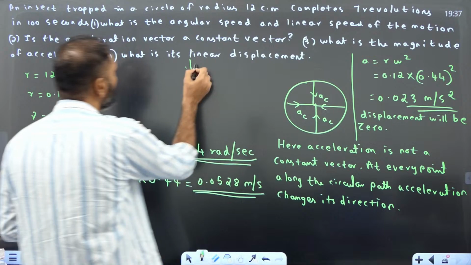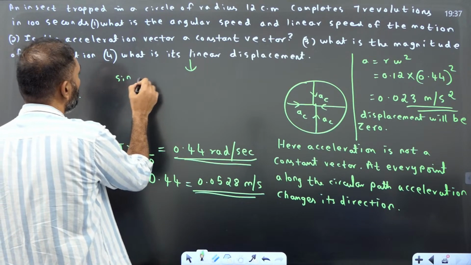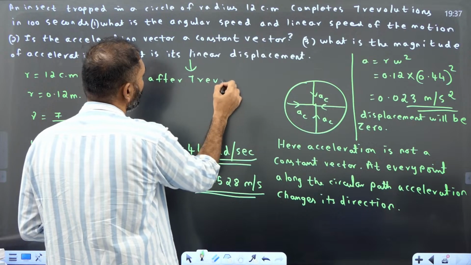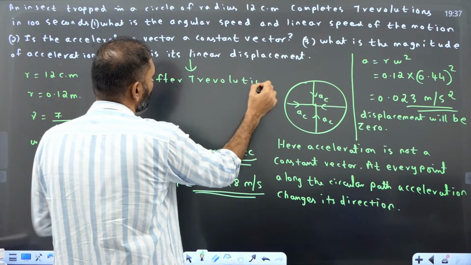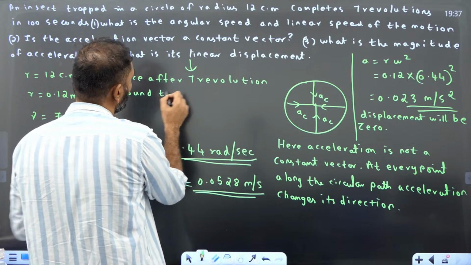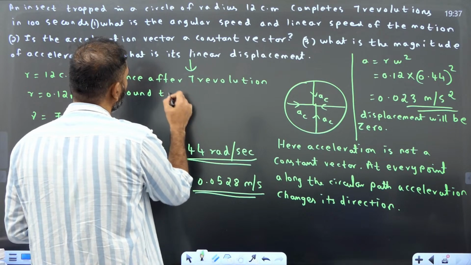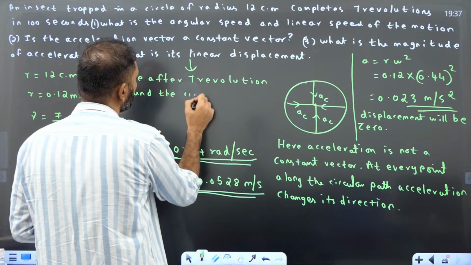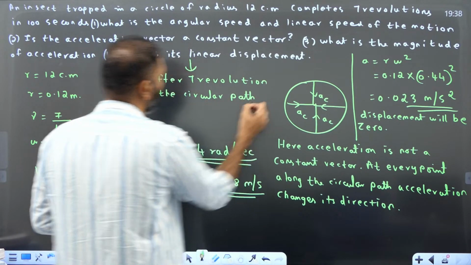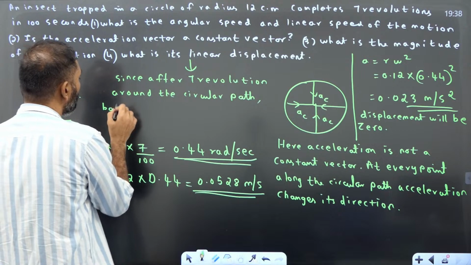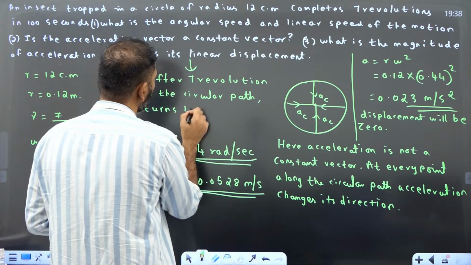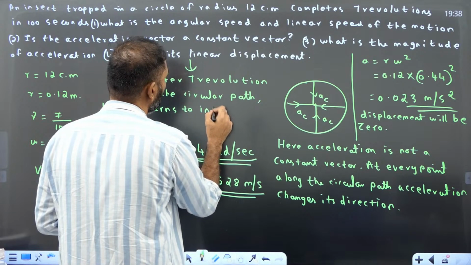Since after 7 revolutions around the circular path, the body returns to the initial position only.